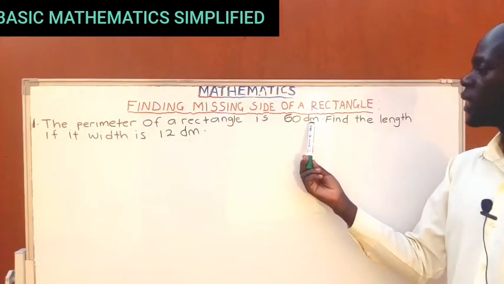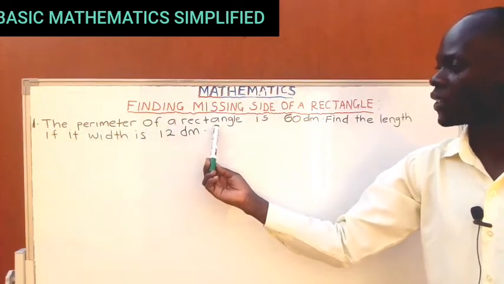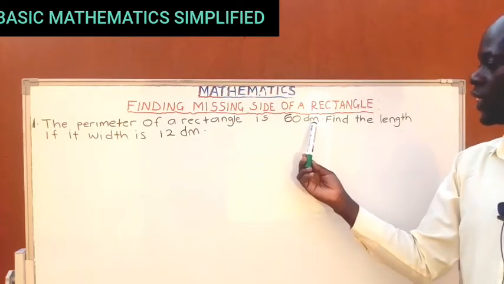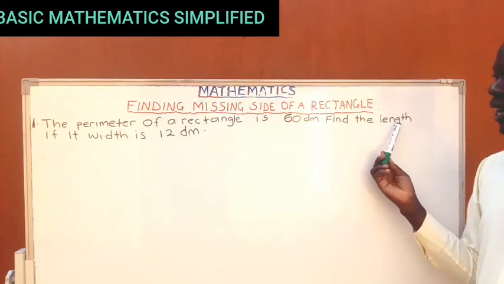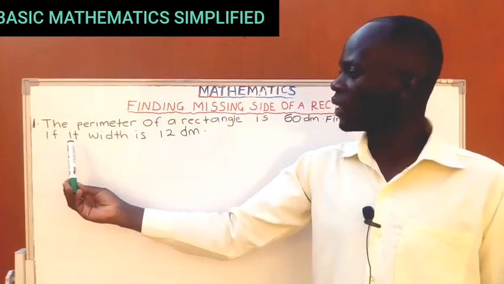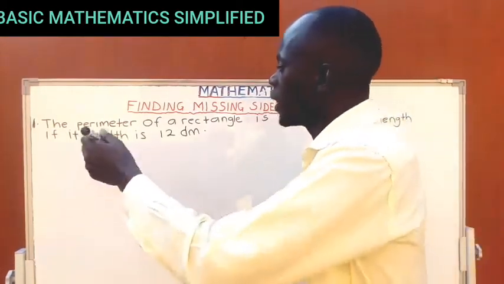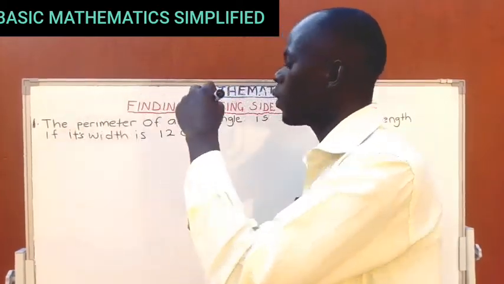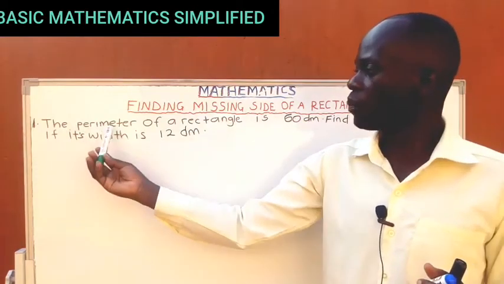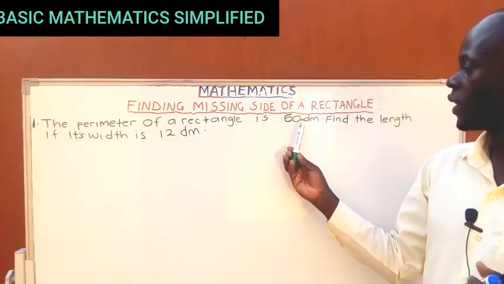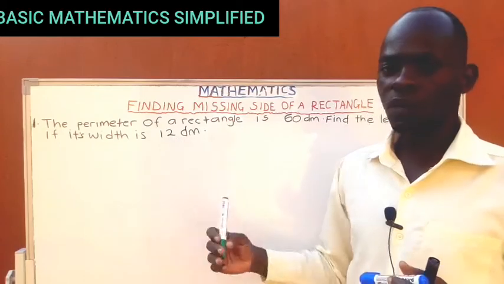The perimeter of a rectangle is 60 decimeters. Find the length if its width is 12 decimeters.